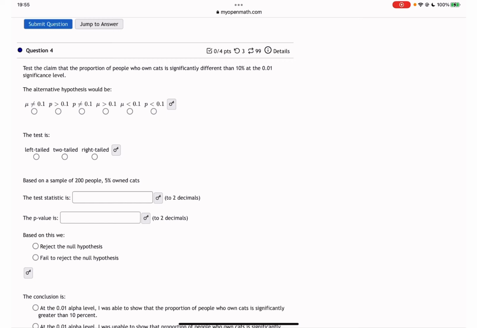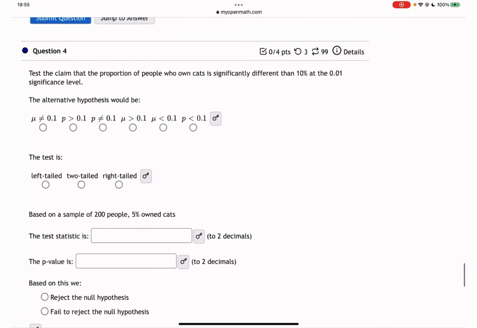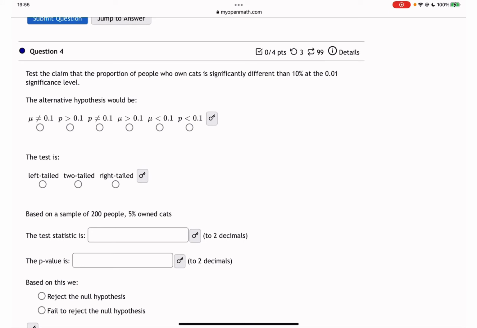All right. Test the claim that the proportion of people who own a cat is significantly different than 10% at the 0.01 significance level.